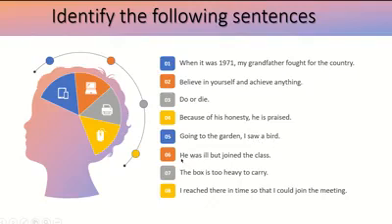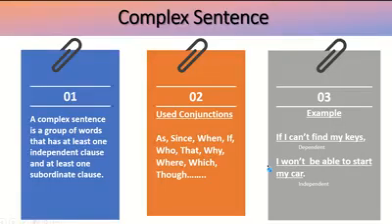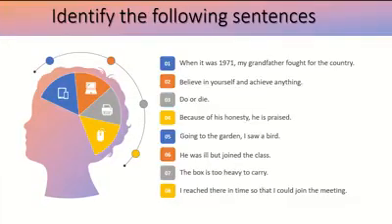Number 6, he was ill but joined the class. Here we find two independent clauses, that is "he was ill" and "joined the class." These two clauses are independent clauses, so it is joined by a coordinating conjunction, but.